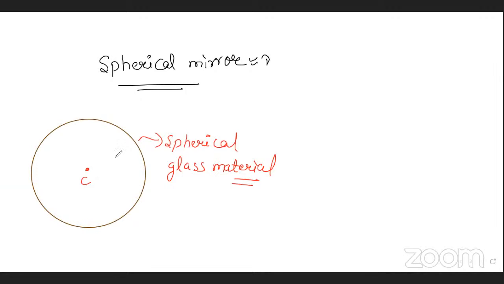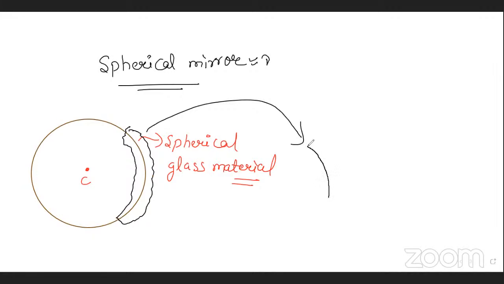Suppose, students, from this material I extract a little bit of this part and put this part here in front of you. So I will get an arc like this, a small part of the periphery.